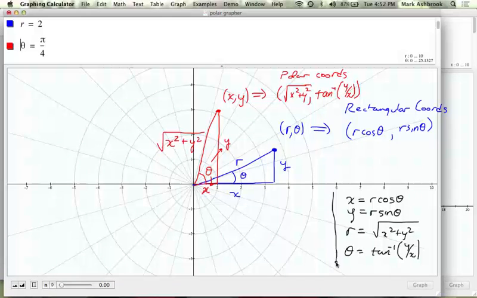So these are the relationships that connect these two coordinate systems together. Any questions so far?